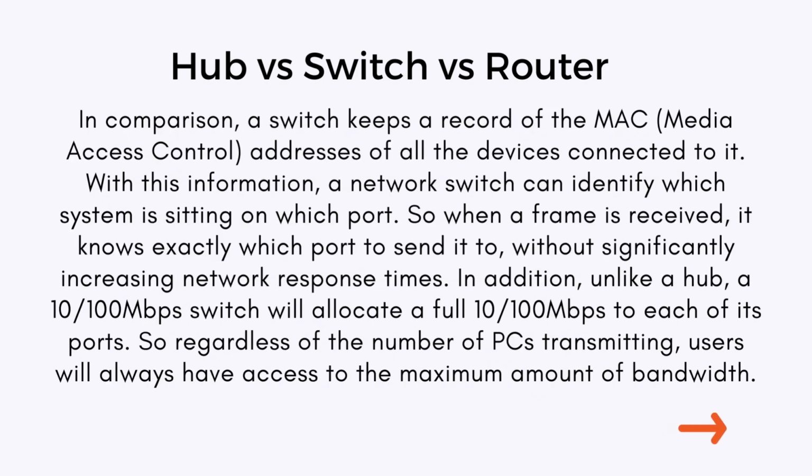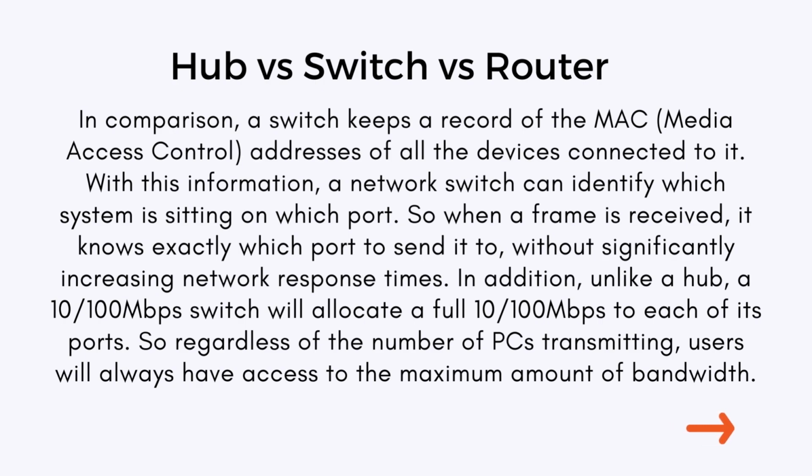In comparison, a switch keeps a record of the MAC (media access control) addresses of all the devices connected to it. With this information, a network switch can identify which system is sitting on which port. So when a frame is received, it knows exactly which port to send it to without significantly increasing network response times.